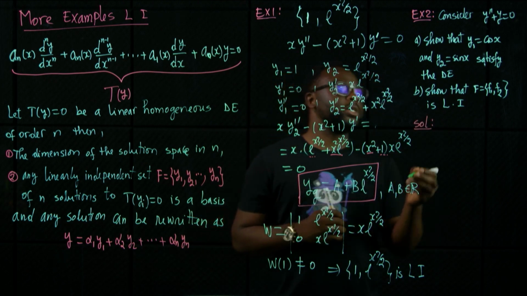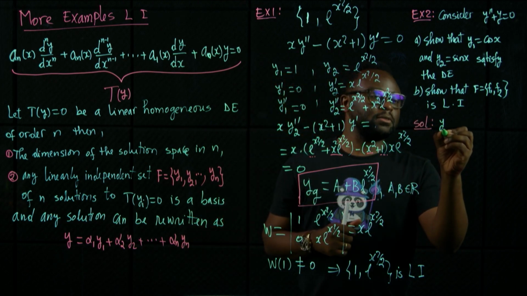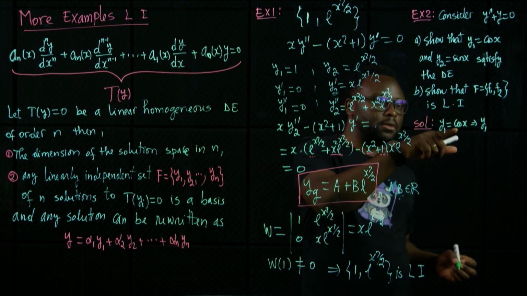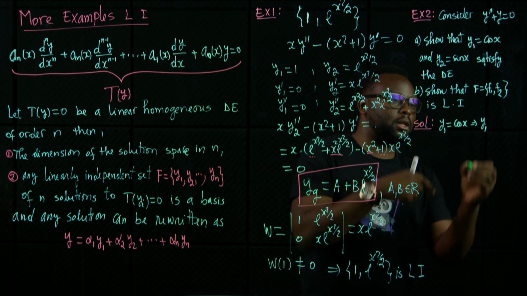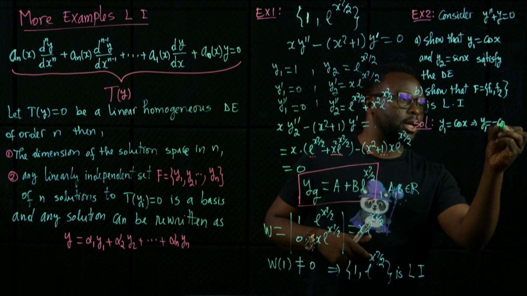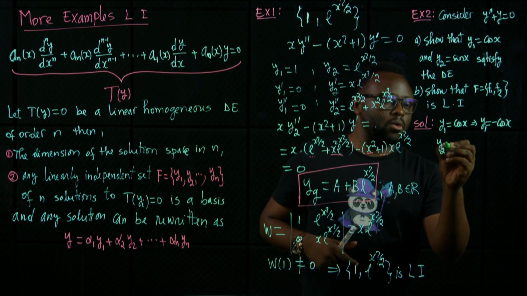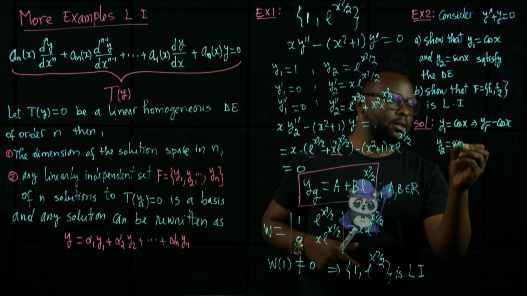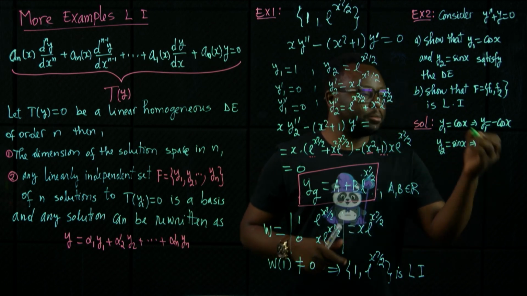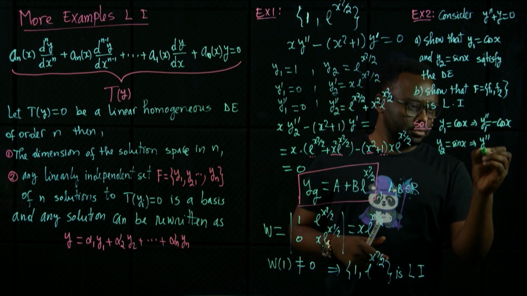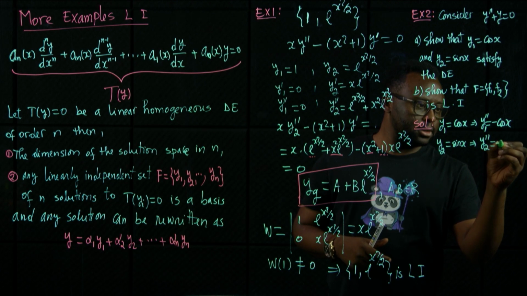Starting with the first question, we find the derivatives. y1 is equal to cos x. The first derivative of this is minus sine x, and the second derivative is minus cos x. y2 is equal to sine x. The first derivative is cos x, and the second derivative is minus sine x.